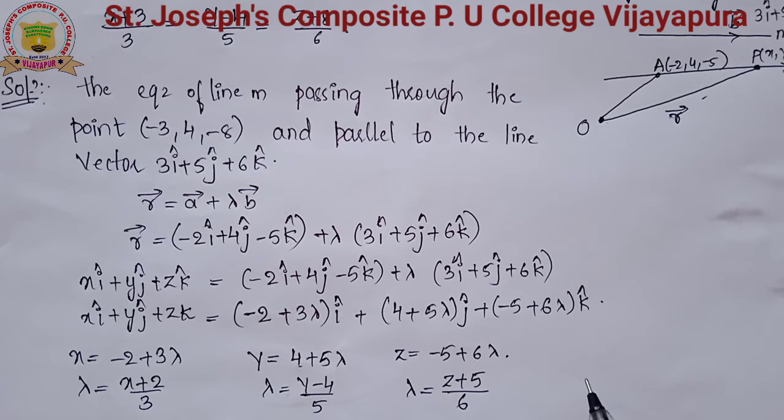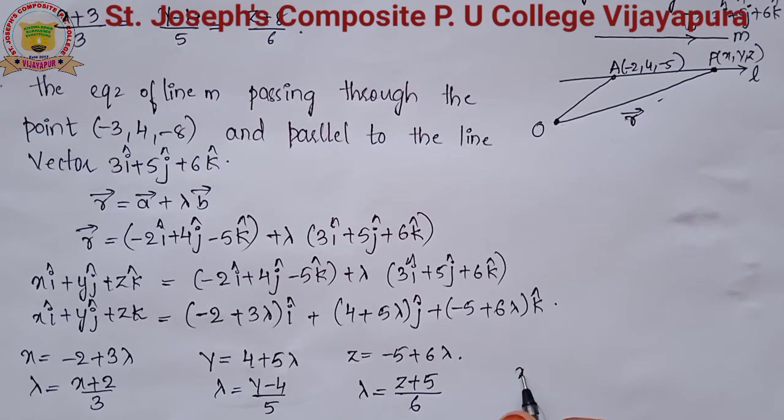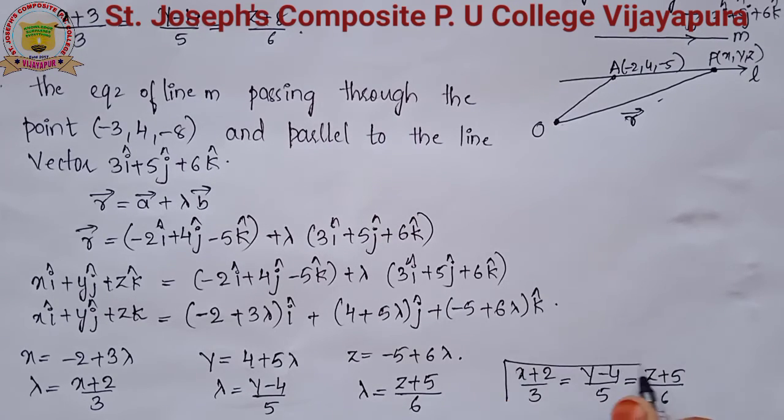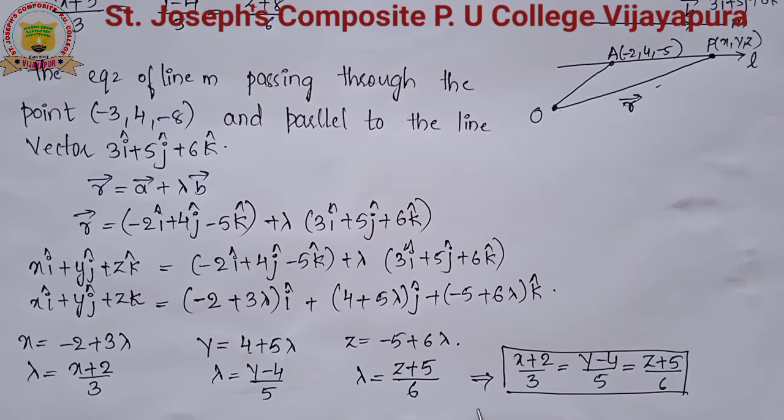So equate, you will get (x plus 2) by 3 is equal to (y minus 4) by 5 is equal to (z plus 5) by 6. So this is the required equation of the line in Cartesian form.